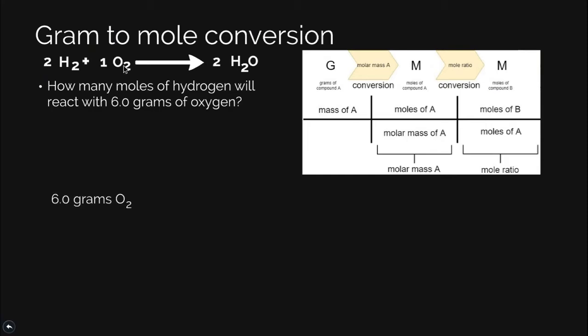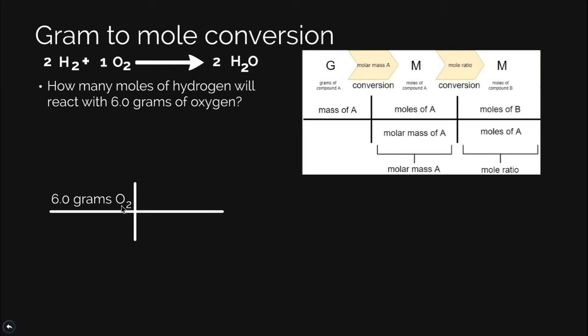So let's see. We can start the problem in the same way. We just draw information from the problem, and in this case, we have 6.0 grams of oxygen to start our problem. From this, we set up our table, and we'll be setting up a conversion factor. If you look over to the graphic over here, remember that we're using the molar mass of this to convert from grams into moles.